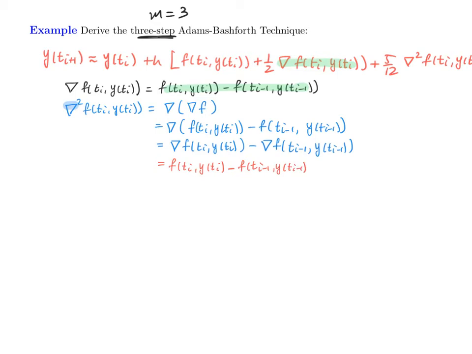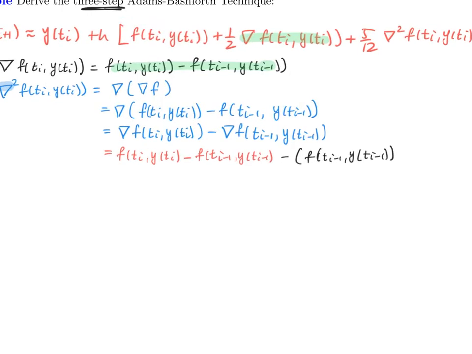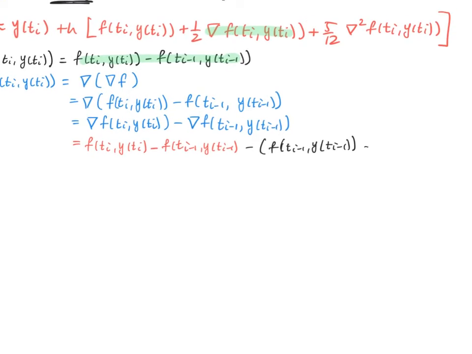And the second part is going to be f of ti minus 1, y of ti minus 1 minus f of ti minus 2, y of ti minus 2.